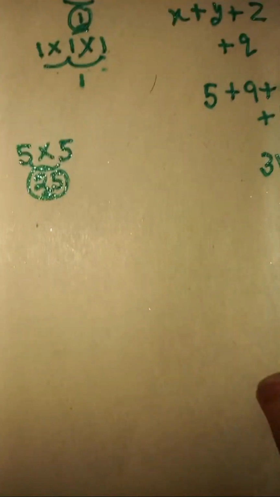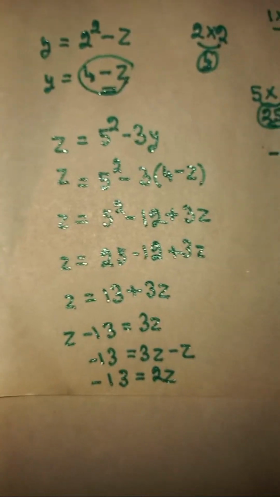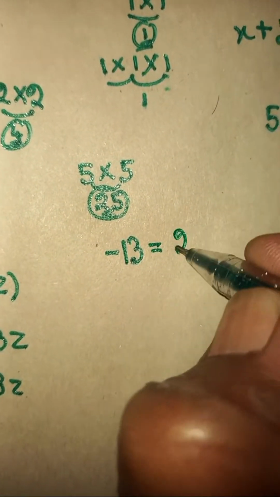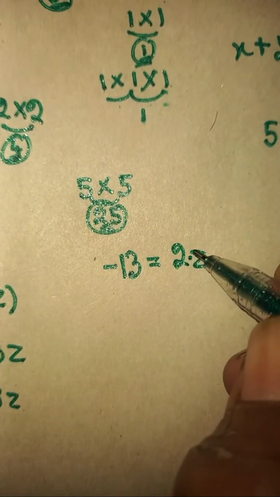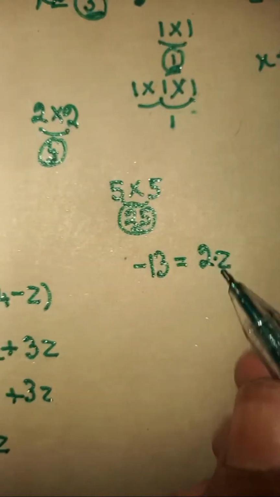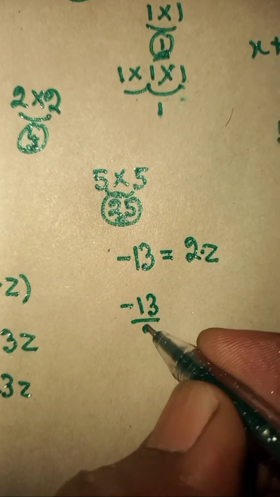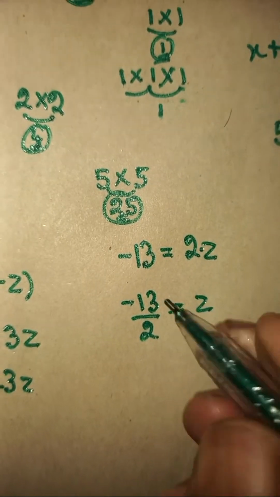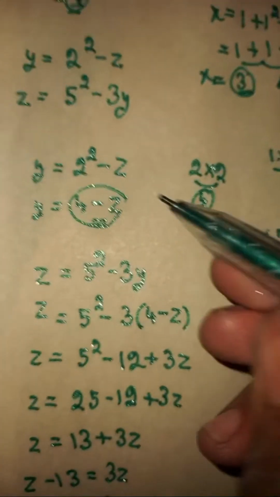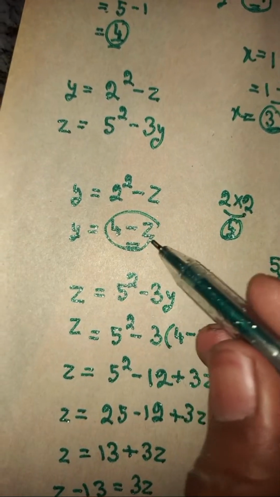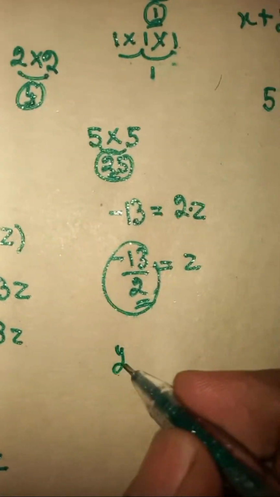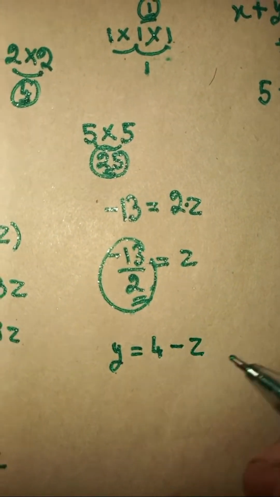Now minus 13 is 2z. Let's continue this equation. Minus 13 equal to 2z. Now this can be written as 2 times z. 2 comes here, it becomes minus 13 by 2 equal to z. That is the value of z. Let's find out the value of y, that is 4 minus z. So y you can write as 4 minus z.